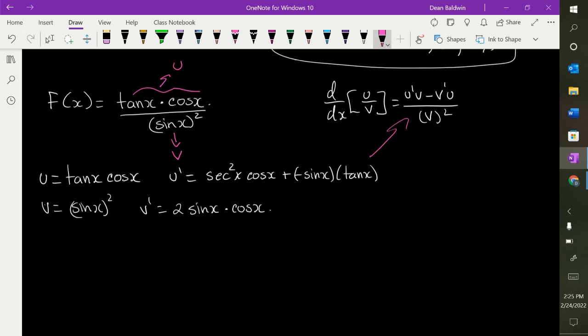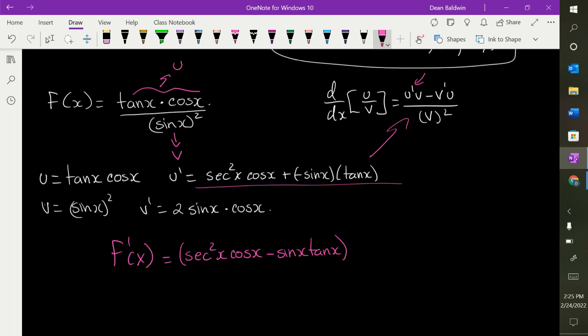So I get f prime of x is equal to u primed, which is this big long thing, minus the sine of x tan of x, times v, which we said was sine squared, minus v primed, which is 2 sine x cos x, times u, which is that, tan cos.